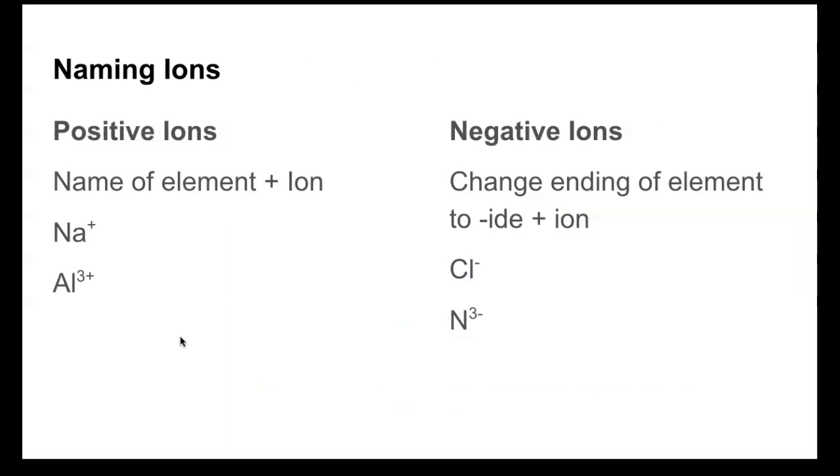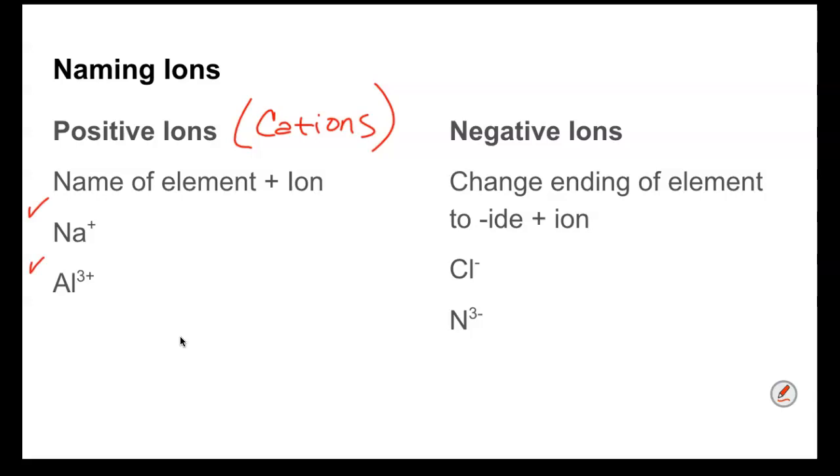And then the last thing I've got is naming ions. So positive ions, you guys have to remember that positive ions are called cations. And to name them, all you do is name the element plus the word ion. So both of these here, those are positive ions.